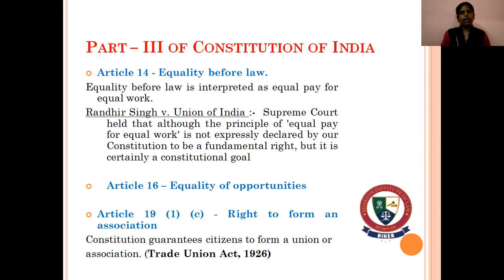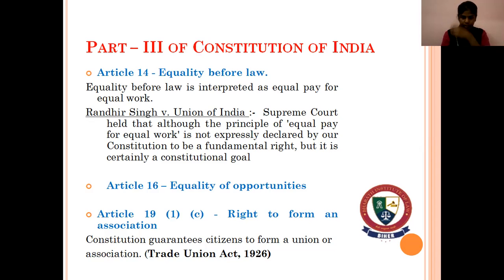If any individual person or any group of persons have any issues with the management, or any demand or need from the management, they can collectively bargain the same with the employers. So it will be very helpful for them to negotiate with the management. This has been implemented in the Trade Union Act 1926.